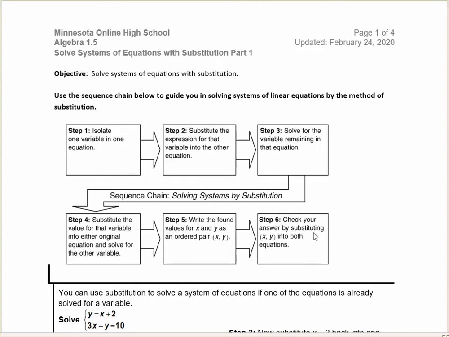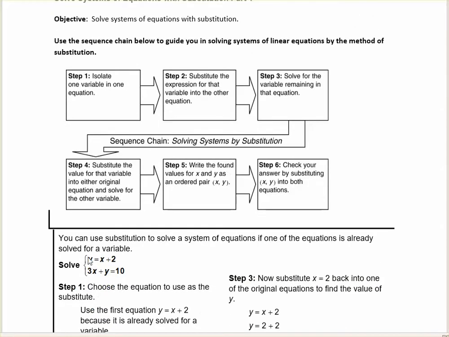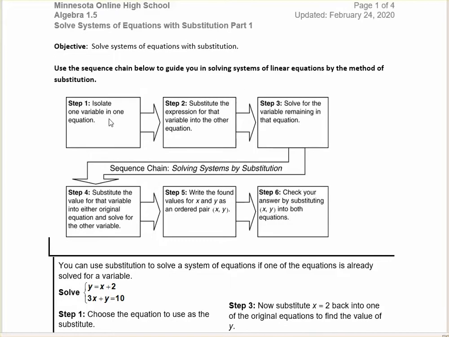So there's this sequence chain that will help us keep straight all the steps we need to do. And in this worksheet, step 1 is already going to be done for us. So step 1 is to isolate one variable in one equation, so that one of them is like y equals or one of them is x equals. On this worksheet, that part will already be done, but we'll have to add that step back in for the next assignment.